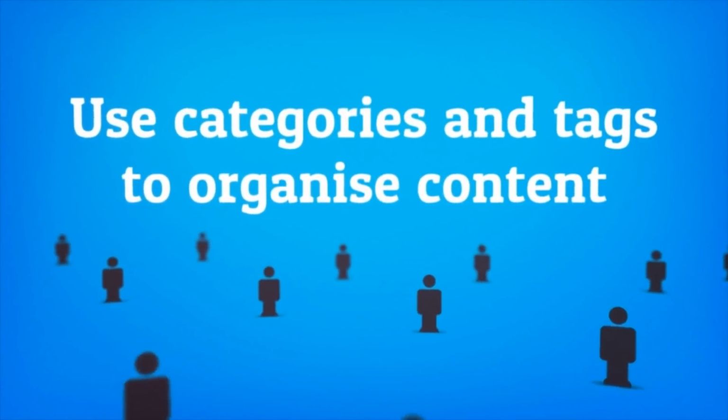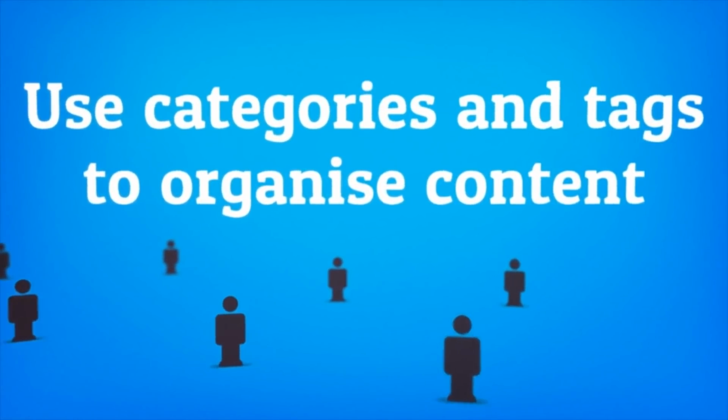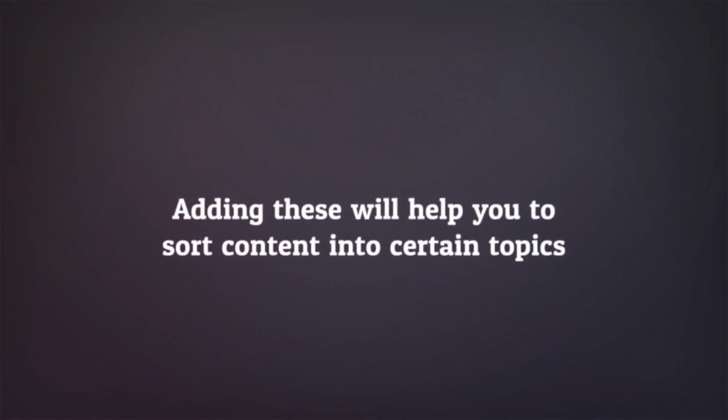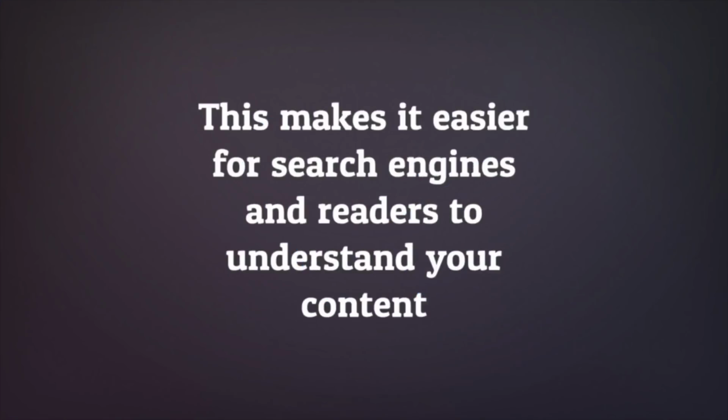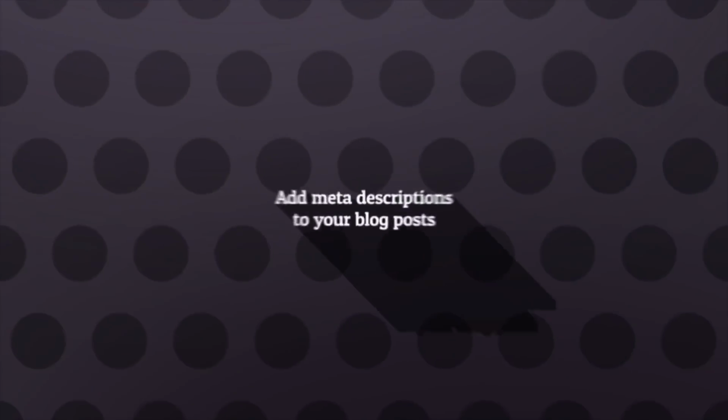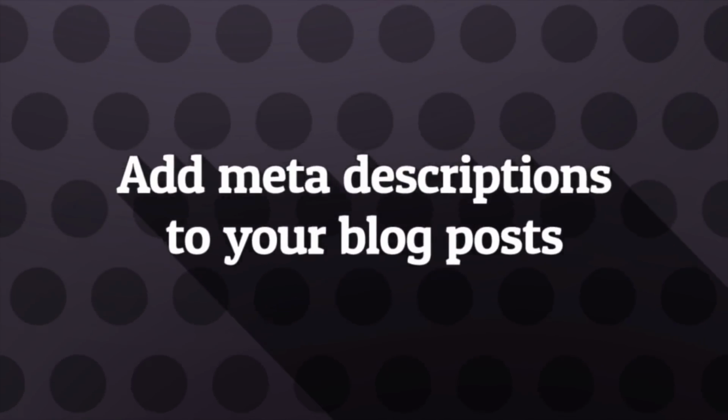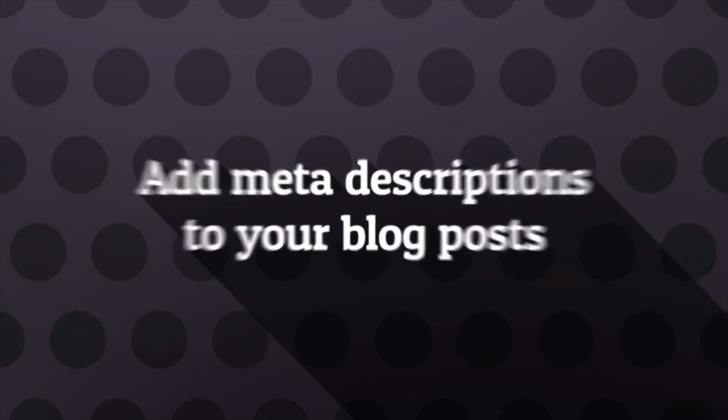Use categories and tags to organize content. Adding these will help you to sort content into certain topics. This makes it easier for search engines and readers to understand your content. Add meta descriptions to your blog posts.